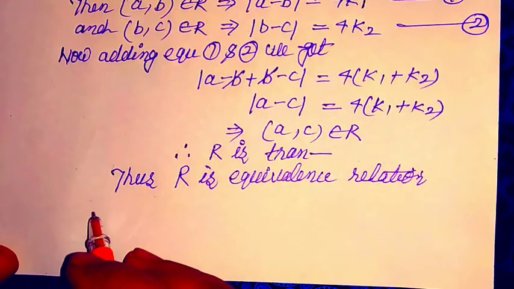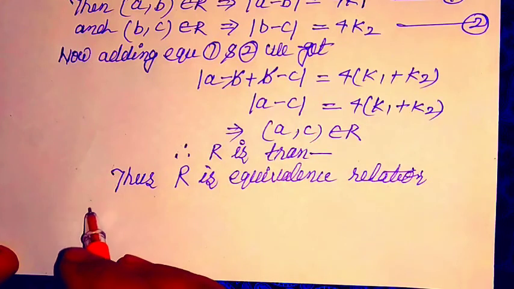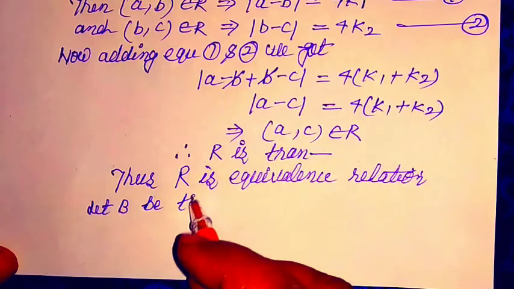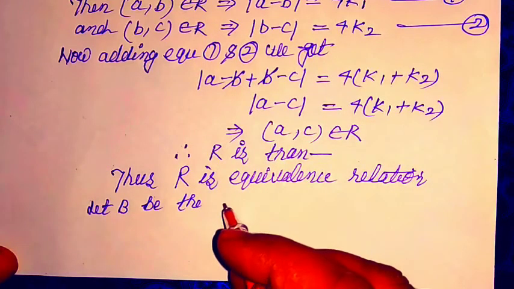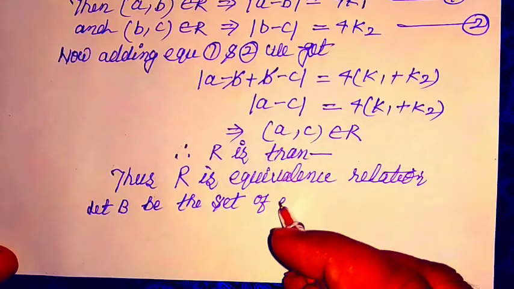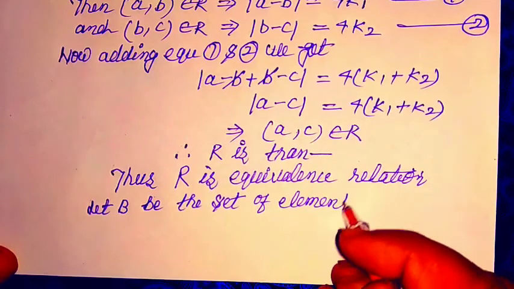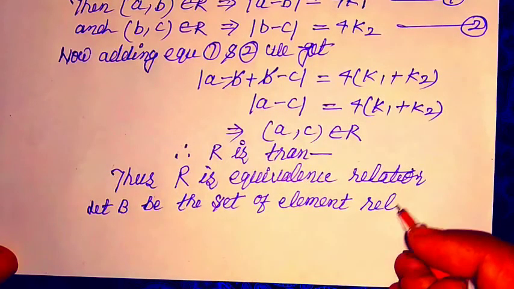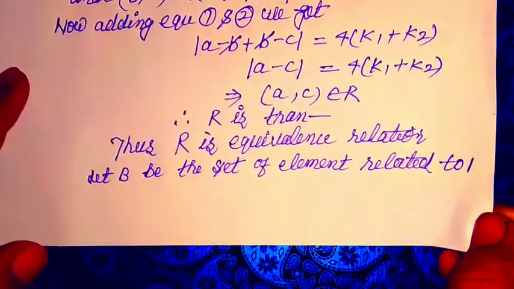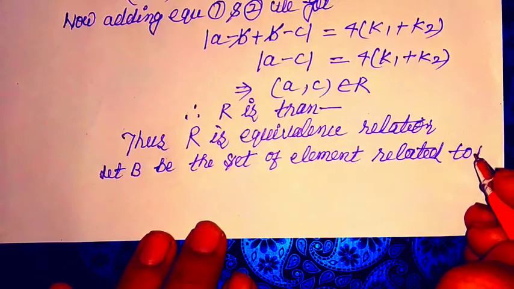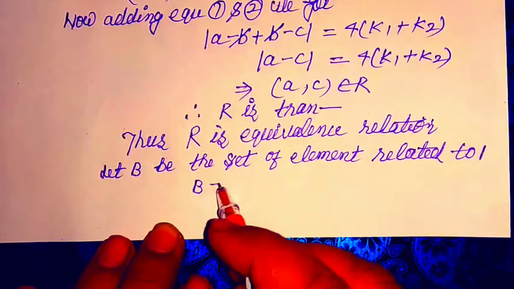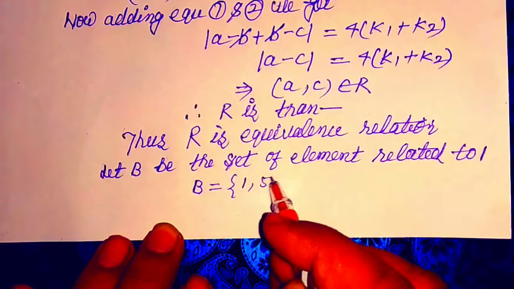Let B be the set of elements related to 1. How? Because 1 is related to 1, so B we will get here {1, 5, 9}.